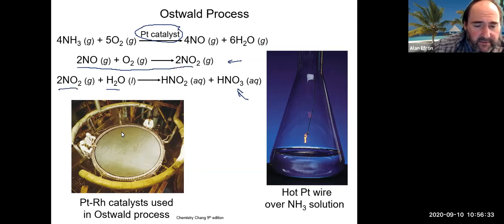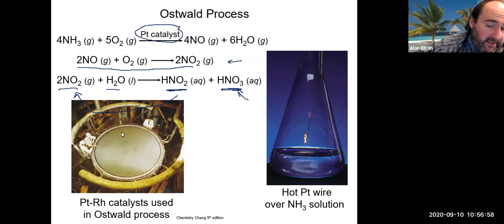That NO2 then reacts with the water and makes some nitric acid, and also makes some nitrous acid, which will go back through and feed in some more of this process.